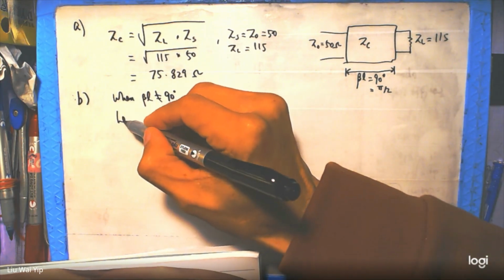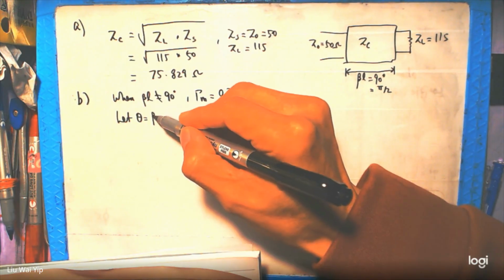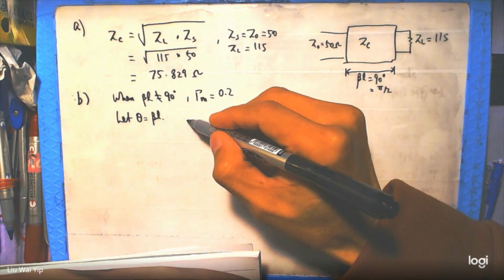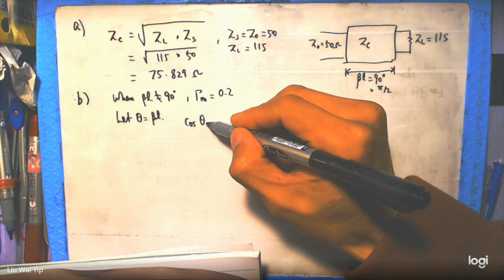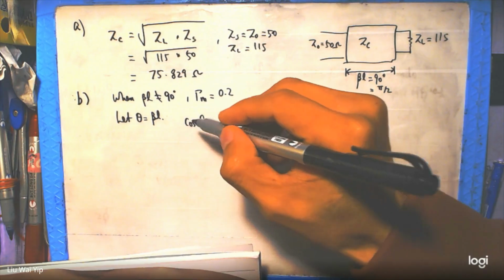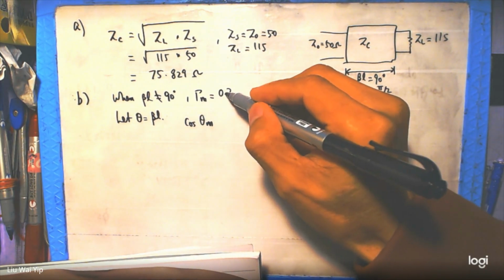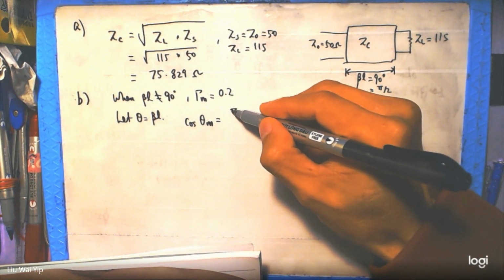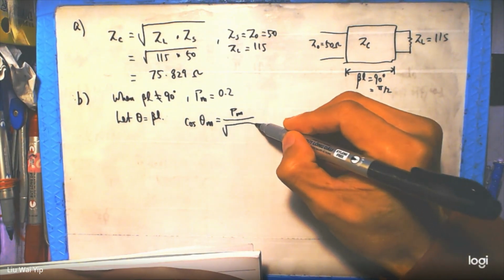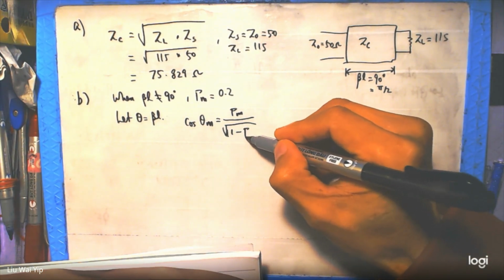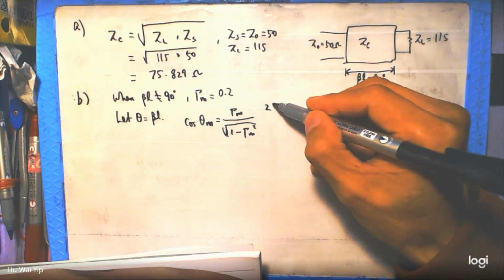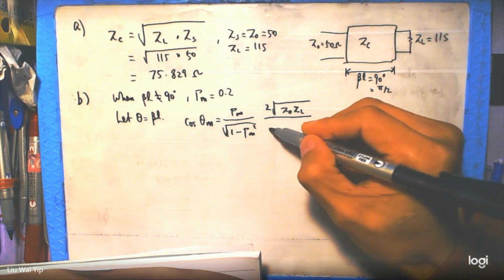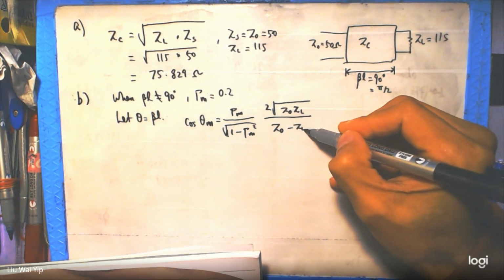So let beta be equal to beta L, and according to my notes, cosine beta m, which is beta L corresponding to 0.2, the reflection coefficient, is given by a formula.